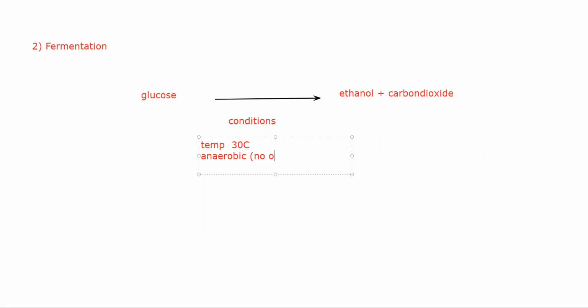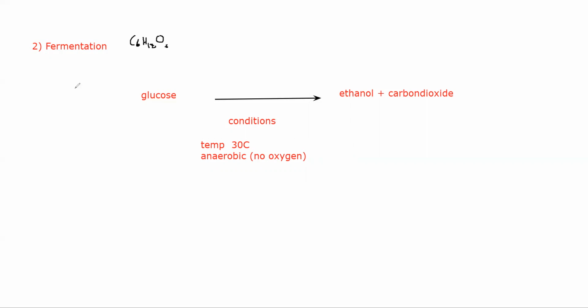Yes, sir. In structure form, how is it made? Like the glucose structure, and then how does it break down? Actually, glucose is C6H12O6. There are different types of sugars: glucose, fructose, maltose, sucrose.